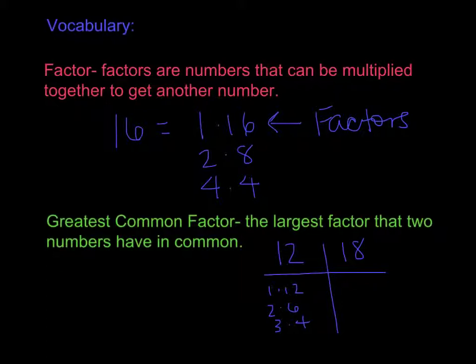And the factors of 18 are 1 and 18, 2 and 9, and 3 and 6. So the greatest common factor, the biggest number that both of these have in common, is 6. Make sure you get your examples down on your paper.